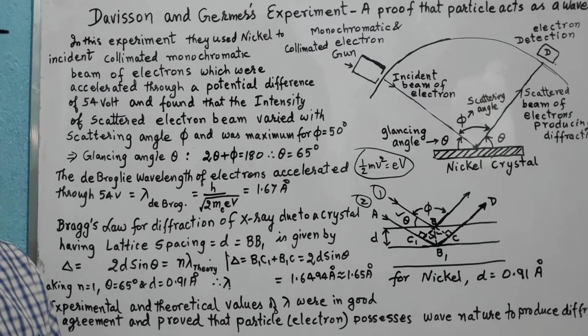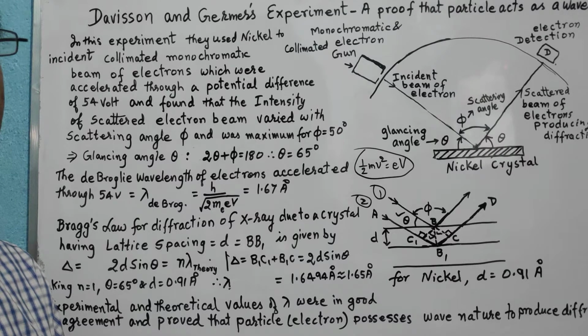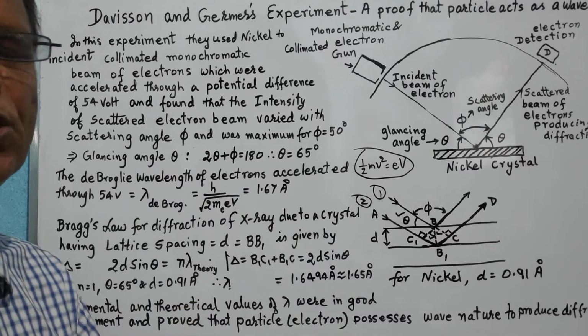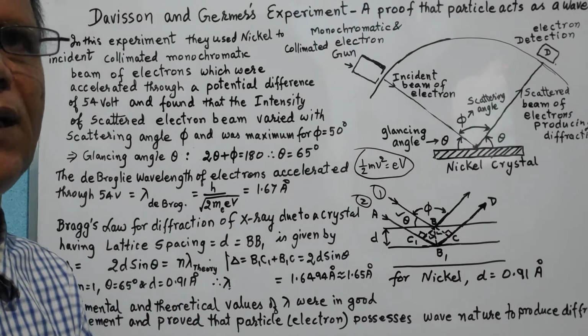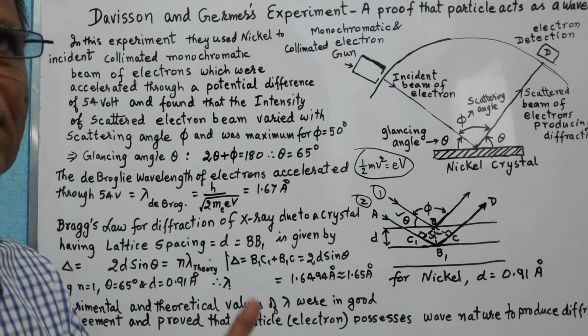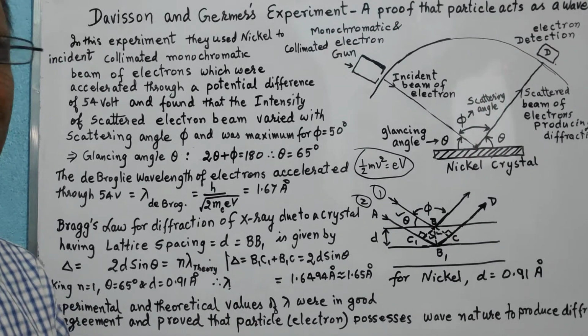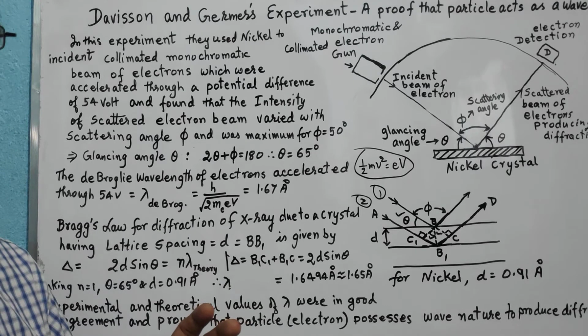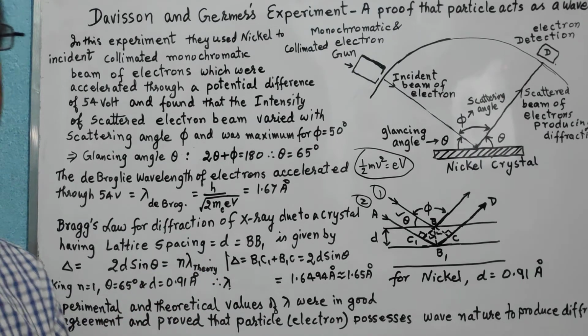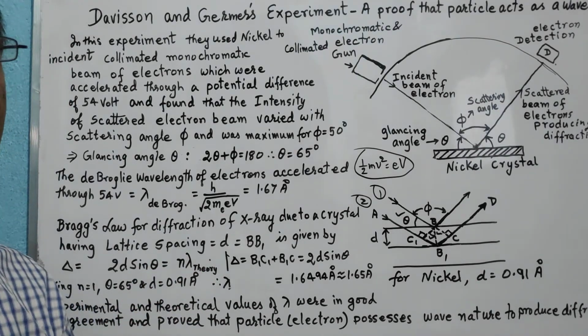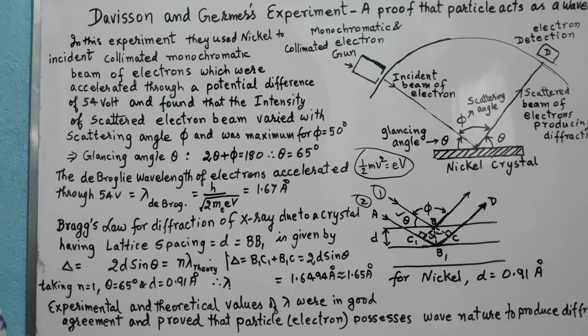When photoemission took place, it was clearly seen that the momentum possessed by the wave was transferred to the electrons which jumped out from the metallic surface. So that means the wave was possessing particle nature, and here we have proved that the particle possesses wave nature.